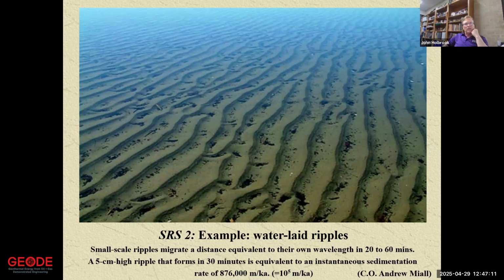That means if you let those things run continuously, in about 10,000 years, you're going to have about 900,000 meters of sediment after 1,000 years. Obviously, that's ridiculous. The radius of the Earth is only 6,400 kilometers. So clearly, we're not preserving constant deposition in the rock record. We're clearly not even preserving much deposition in the rock record.